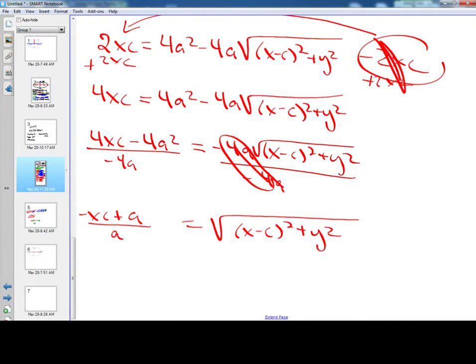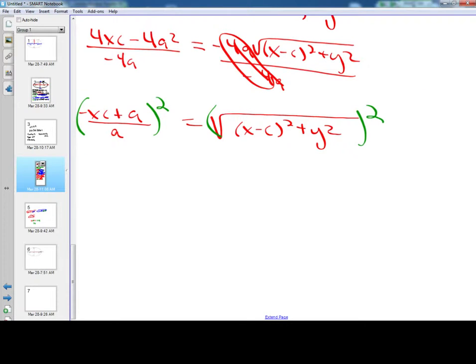Now I can get rid of that radical by squaring it. I've got to square this side. That becomes 1. On the left side, the denominator is just a squared, because what's a times a? A squared. But the numerator, I'm going to have to foil that.